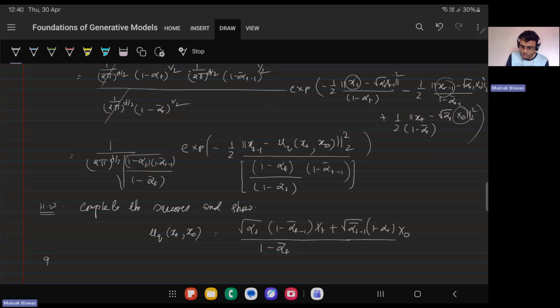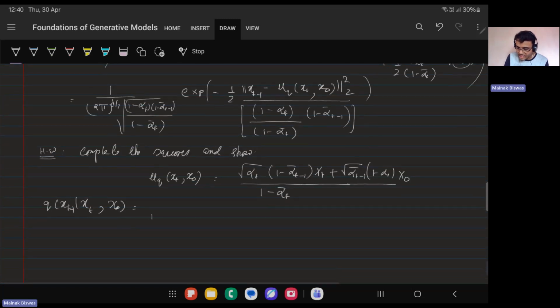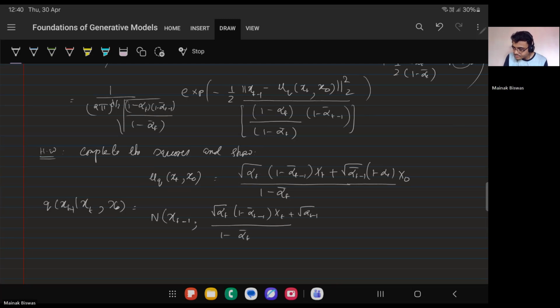So now if you ask me what is q of xt minus 1 given xt and x0, this is normally distributed with xt minus 1 as the random variable, with mean root alpha t (1 minus alpha t minus 1 bar) xt by 1 minus alpha t bar plus the x0 term, and variance (1 minus alpha t minus 1 bar) by (1 minus alpha t bar) times (1 minus alpha t).